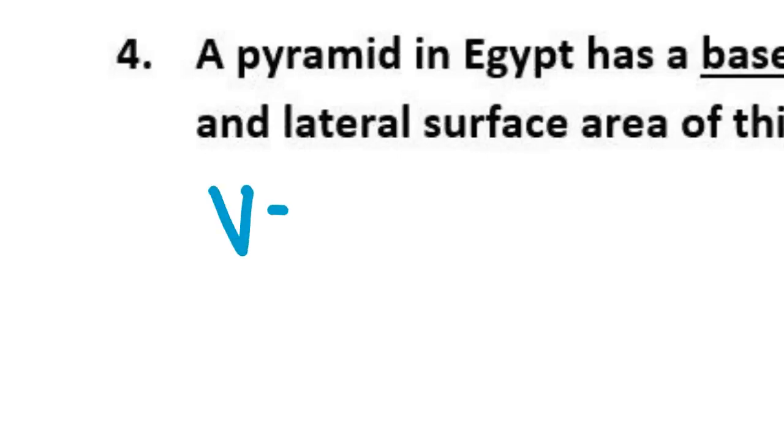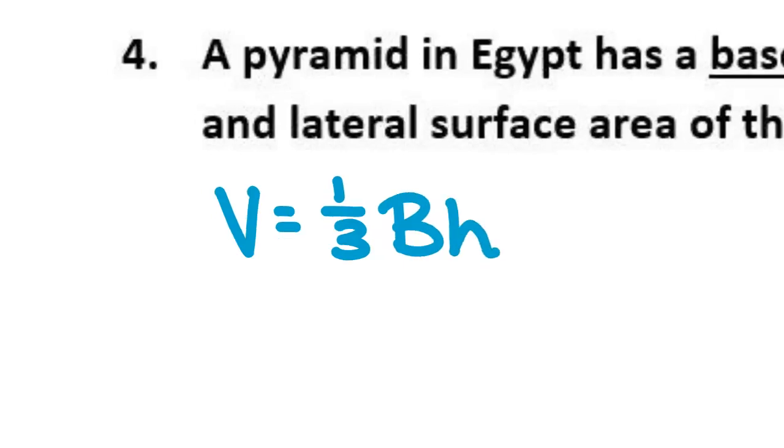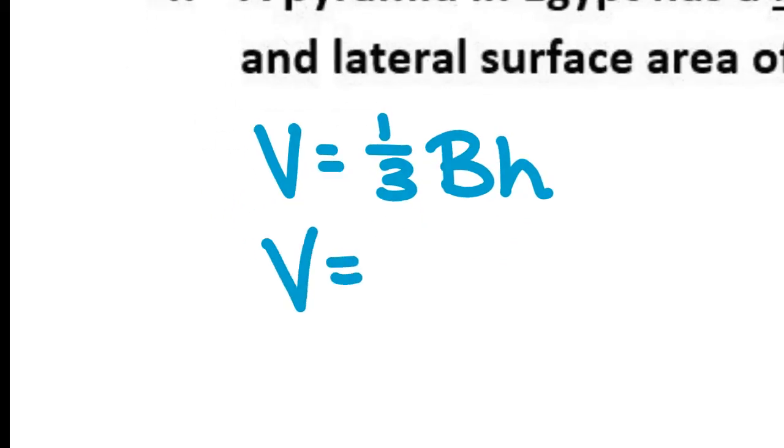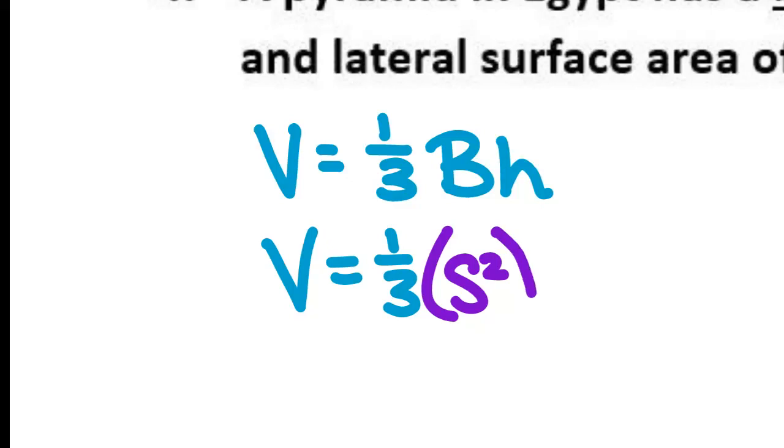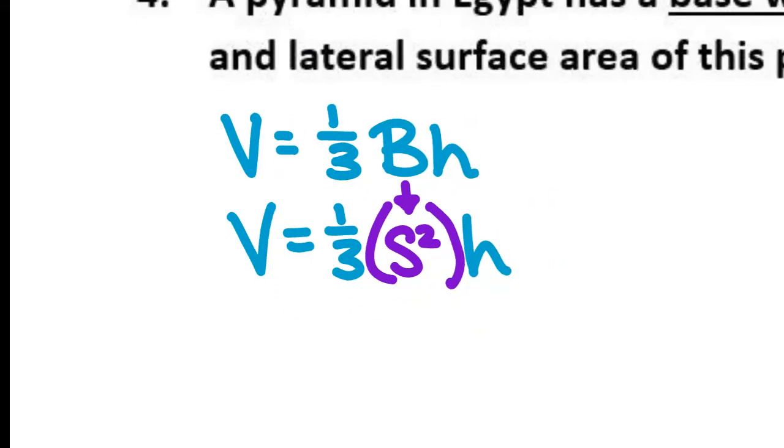Let's do volume first. What's my volume formula for a pyramid? That's for a cylinder. Oh, pyramid? For a pyramid. 1/3 area of the base times the height. What shape is the base here? It's a square. How do we find the area of a square? Side squared times our height.